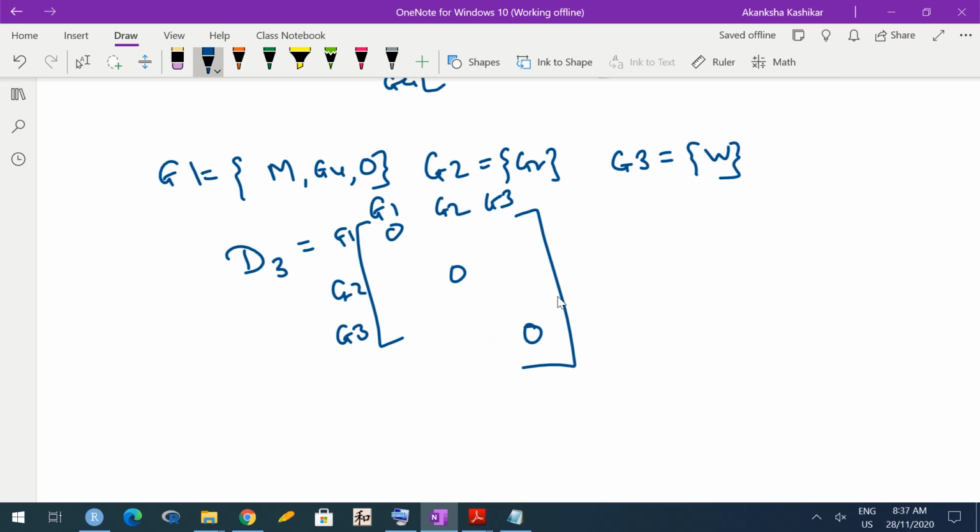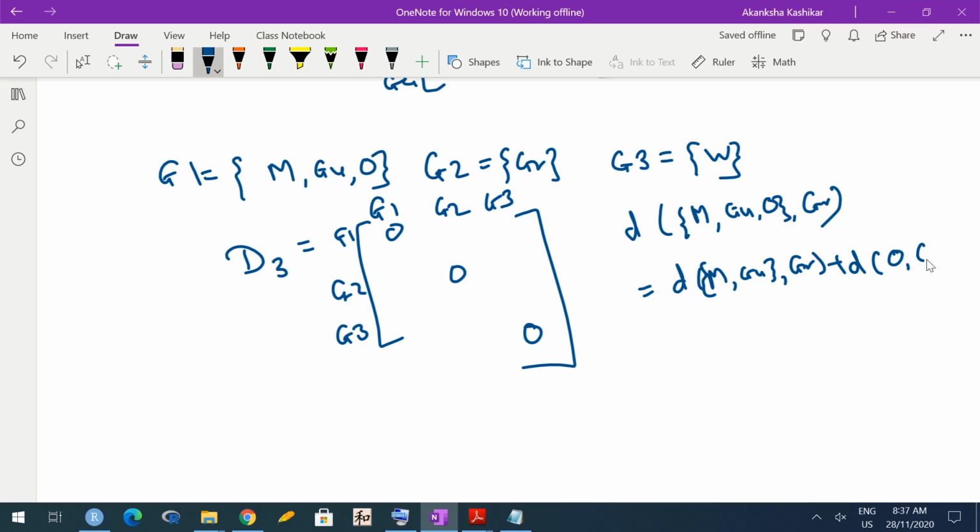Now G1, G2 means I want the distance of this big group, mango, guava, orange, with grapes. Now remember, for us, mango and guava were already a group in the earlier step, so we would treat them as a group. So I would write this as the distance between mango guava to grape plus the distance between orange to grape, divided by 2.